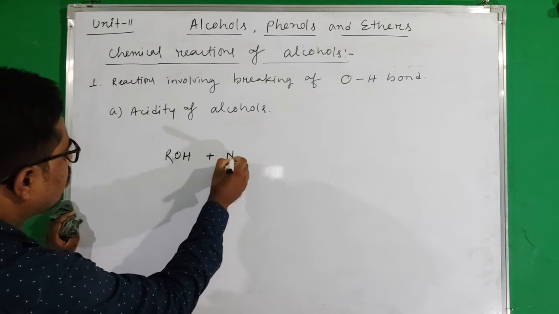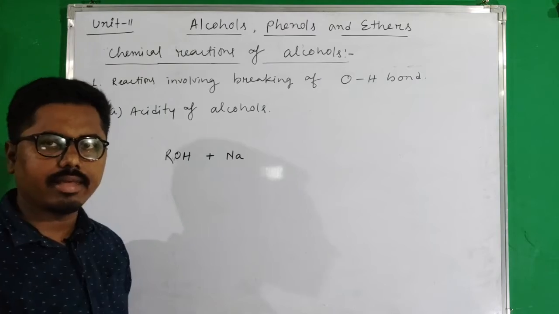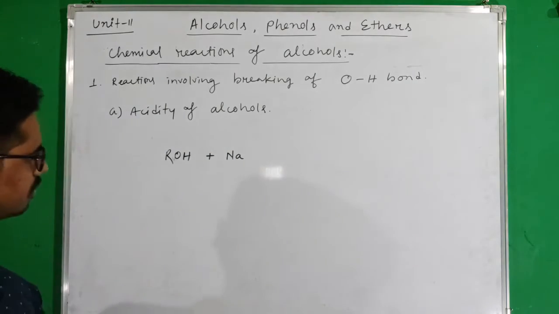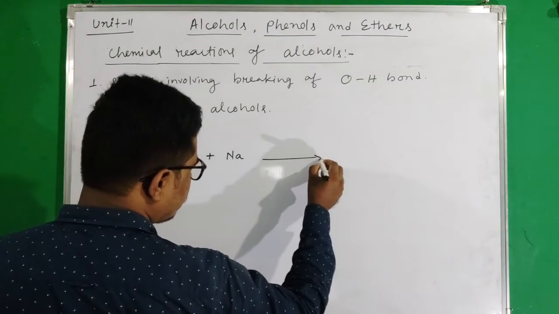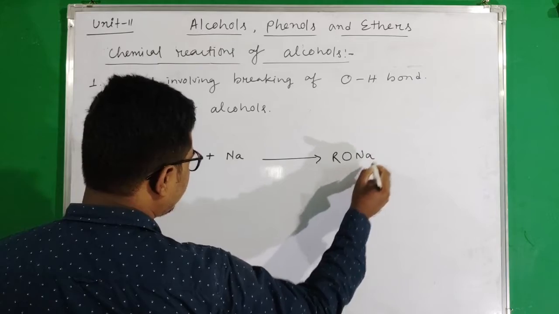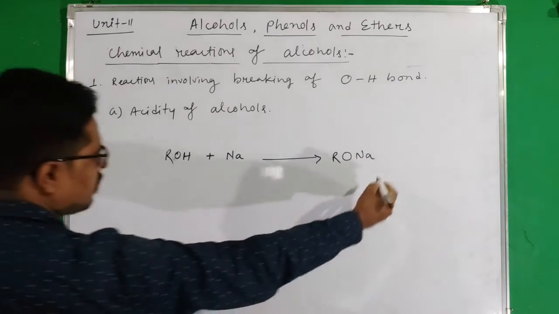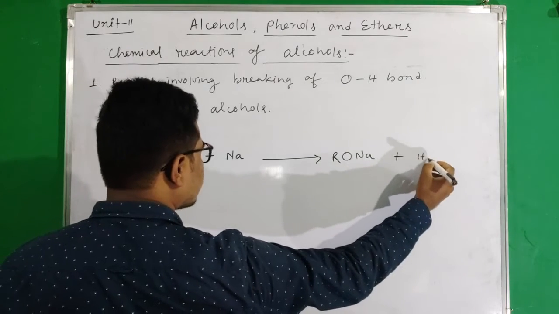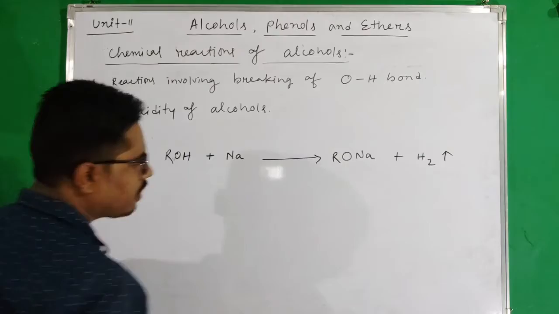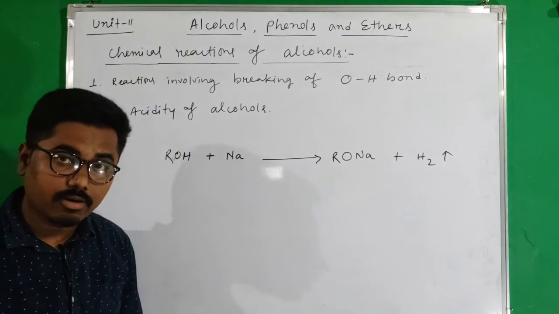When this alcohol will react with active metals like sodium, lithium, potassium, then salt will form, RONa, sodium alkoxide, and then hydrogen gas will liberate, which will burn with pop sound.